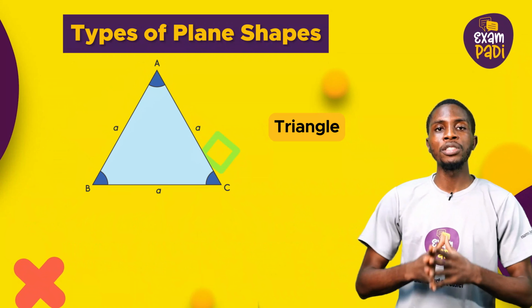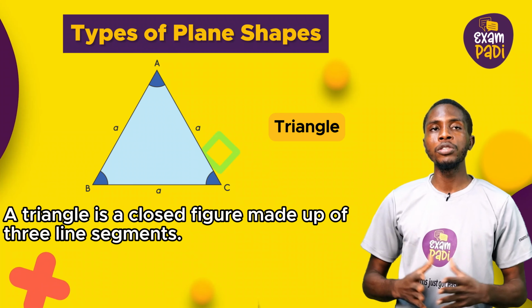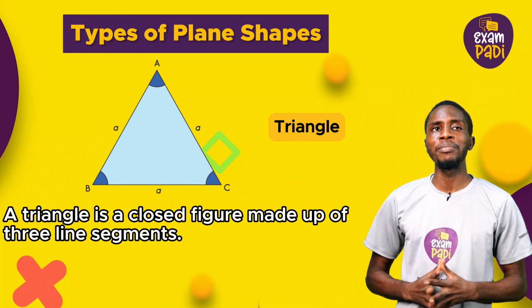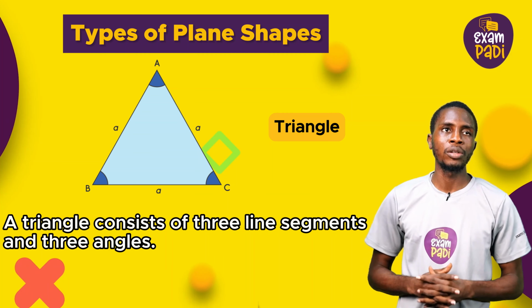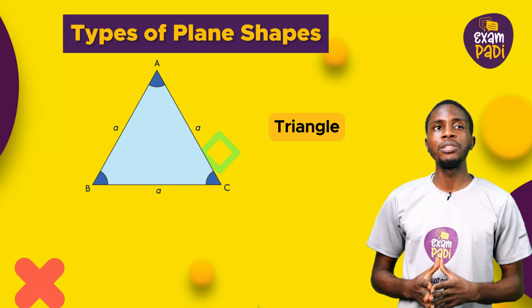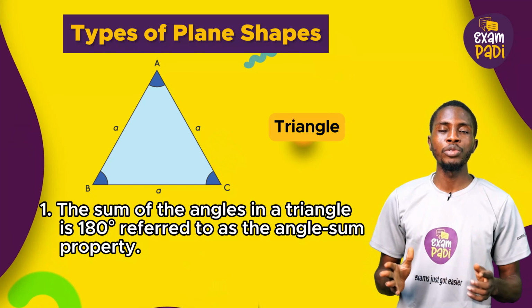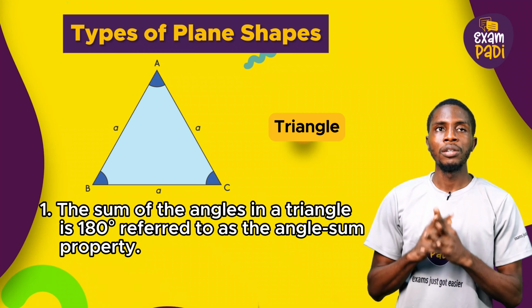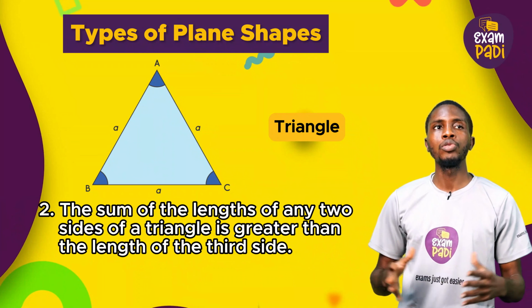The sixth type of plane shape we'll be looking at is a triangle. A triangle is a closed figure made up of 3 line segments. A triangle consists of 3 line segments and 3 angles. And the properties include 1. The sum of the angles in a triangle is 180 degrees, referred to as the angle sum property. 2.